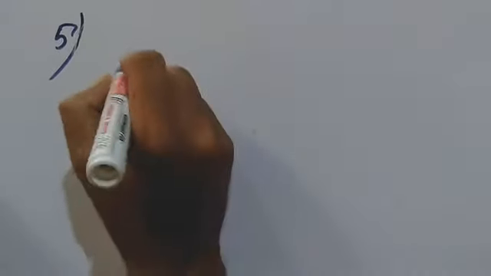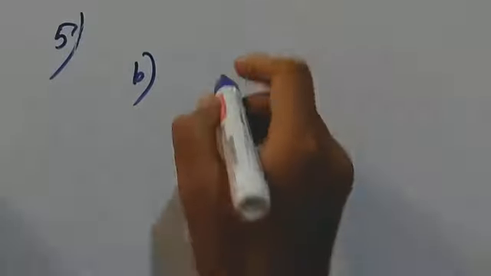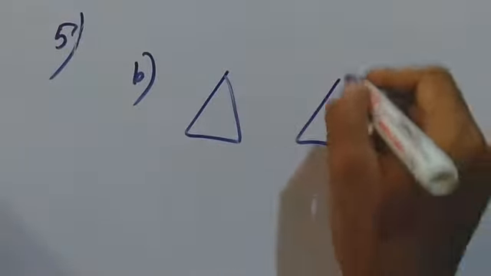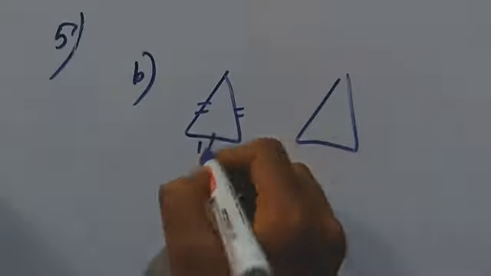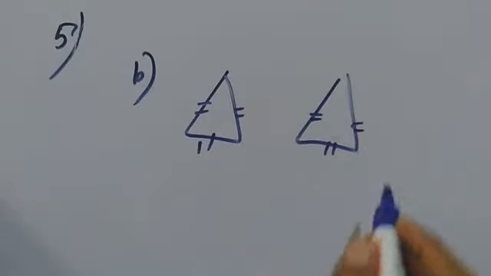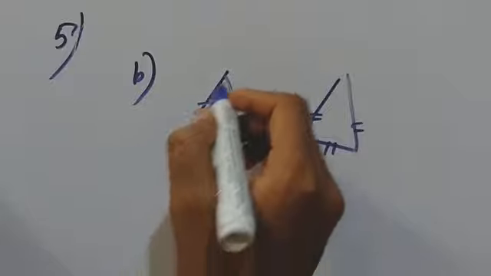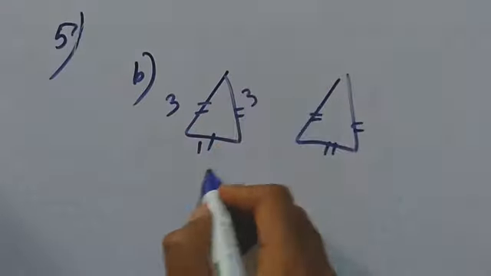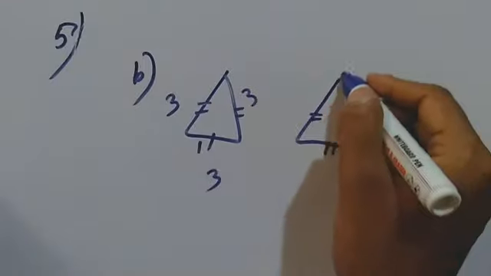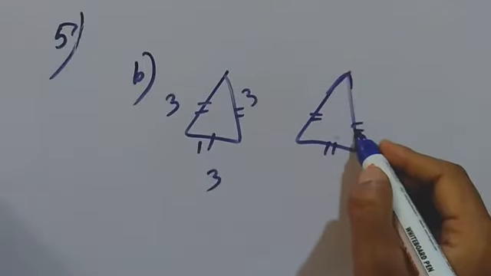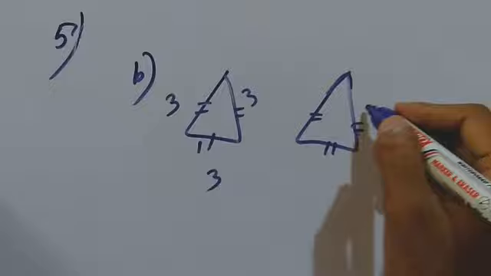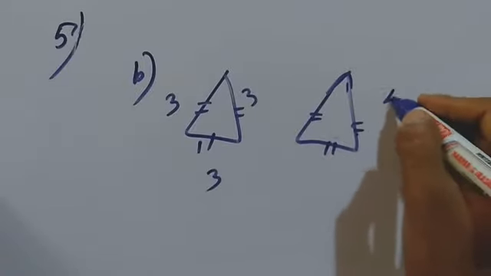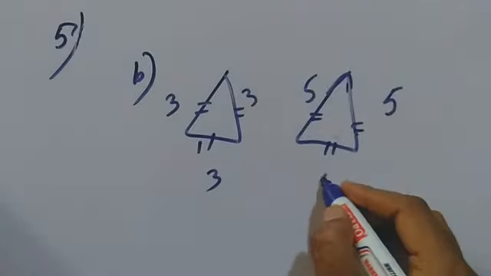Now B. Two equilateral triangles are always congruent. Equilateral triangle means all three sides are equal. Yes, but in this equilateral triangle you can take all three sides to be 3 centimeter, 3 centimeter, 3 centimeter. But this is also an equilateral triangle. Here you can take each side to be, suppose, 5 centimeter, 5 centimeter, 5 centimeter.